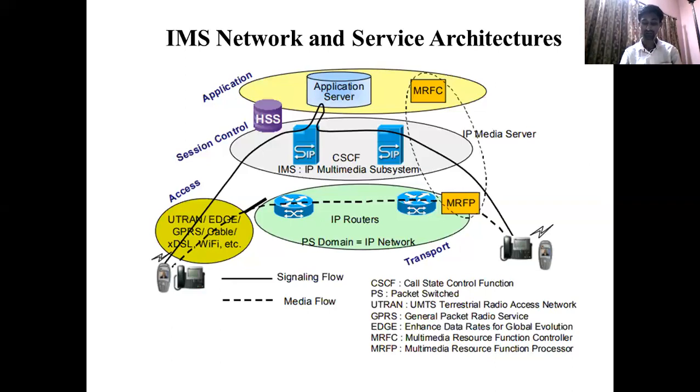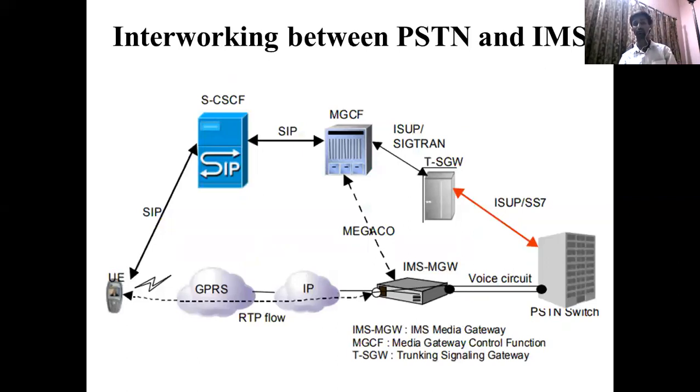Now, next I am going to tell you something related to internetworking between PSTN and IMS. There is a special path, shown using some arrows, that is established between the UE, the PSTN switch and the IMS MGW.